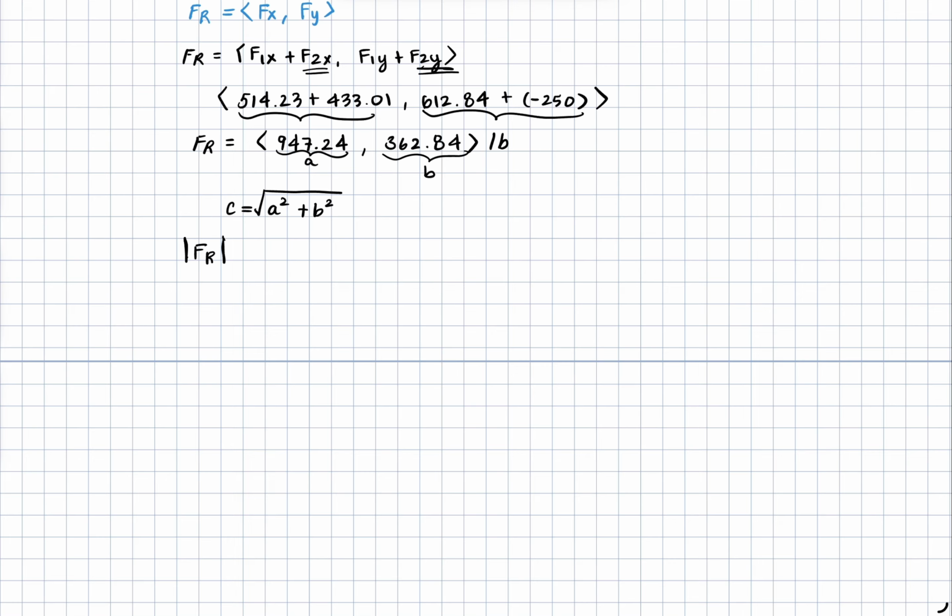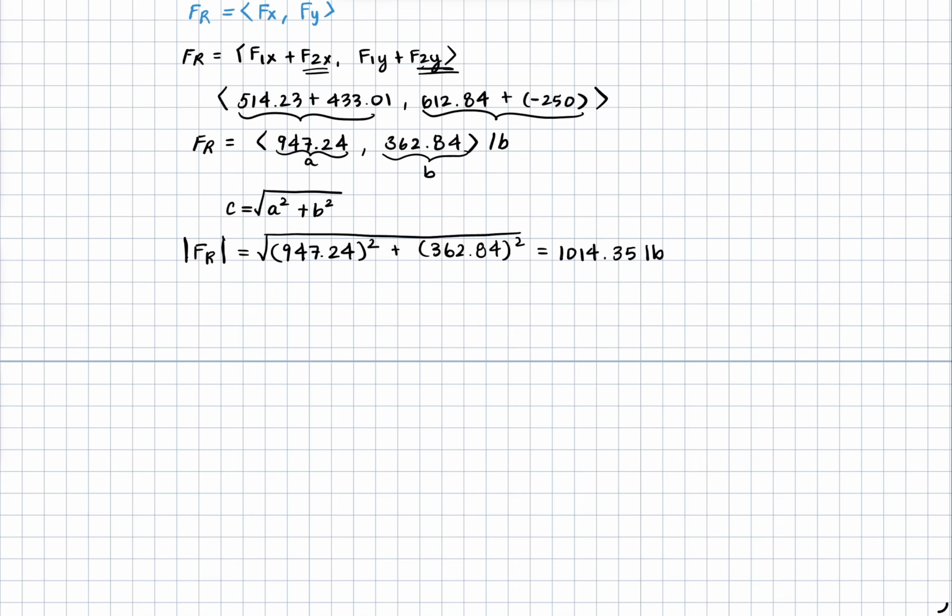So going from there, if I take the magnitude of this, I'm going to have A, which is 947.24 squared, plus 362.84 squared, and take the square root of that. So let's plug that into our calculators. 947.24 squared plus 362.84 squared is going to result in 1,014.35 pounds.